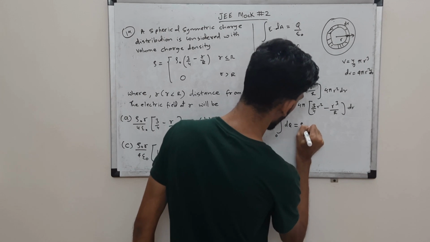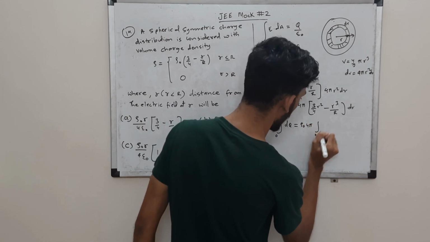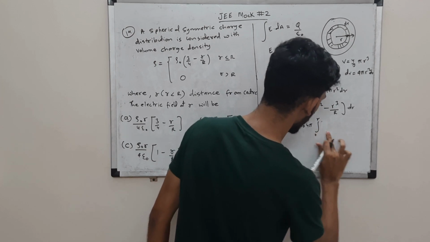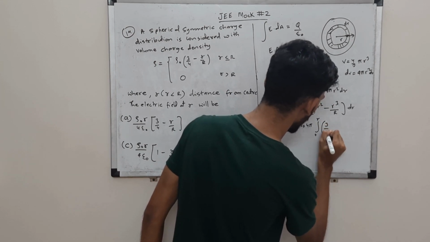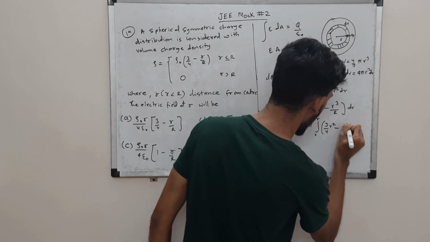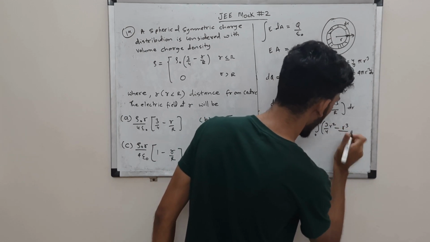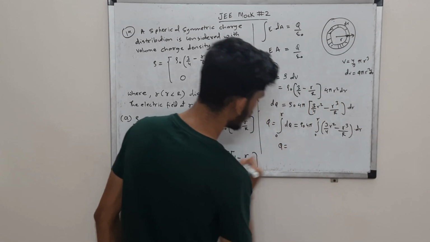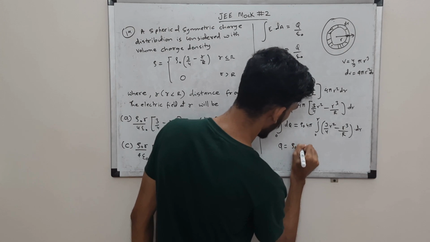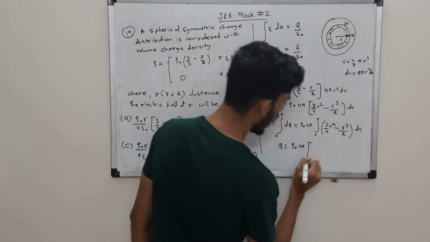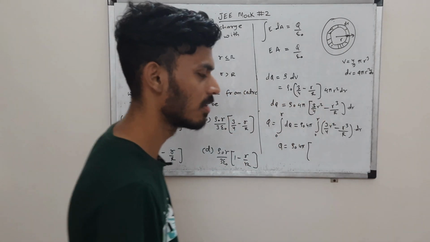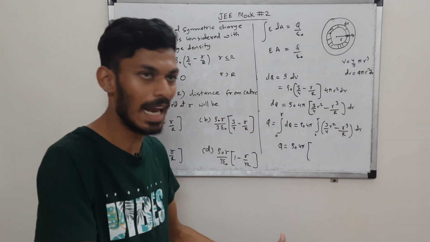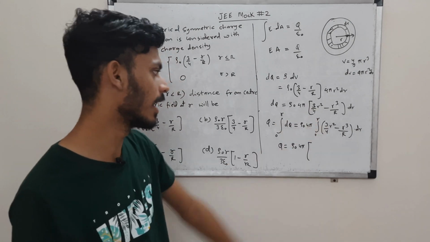You can see that rho naught and 4 pi are constants, they will come out of the integration sign. So here we have the integral of (3/4 r square minus r cube upon capital R) dr. So you have charge given as rho naught 4 pi, integrated from 0 to r. You can directly write it, no need to write and then substitute the limits, you will get the same answer.